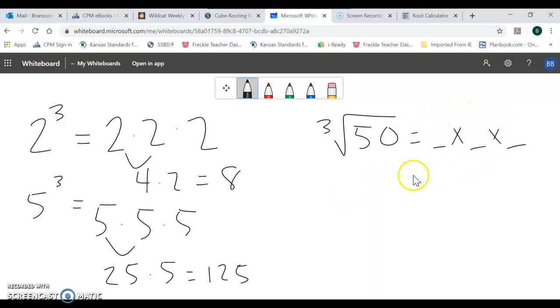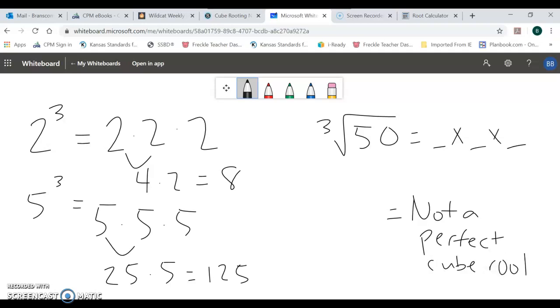So that tells you right there that your answer is not a perfect cube root. There are calculators online that you could try to actually do it. You may own a personal calculator where you could do it, but it's not a perfect cube root.